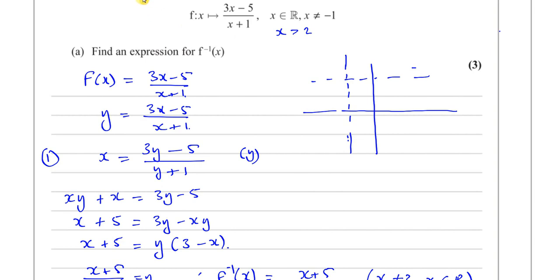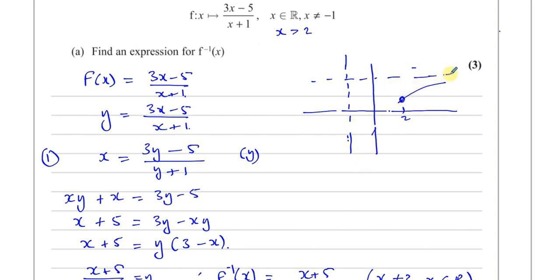Okay, supposing they had said the domain is x is greater than 2. Okay, that means when x equals 2 is where the graph is going to start. Open circle there means you get rid of everything else apart from that part of the graph. Get rid of all of this part. Okay, and the graph only exists when x is greater than 2.